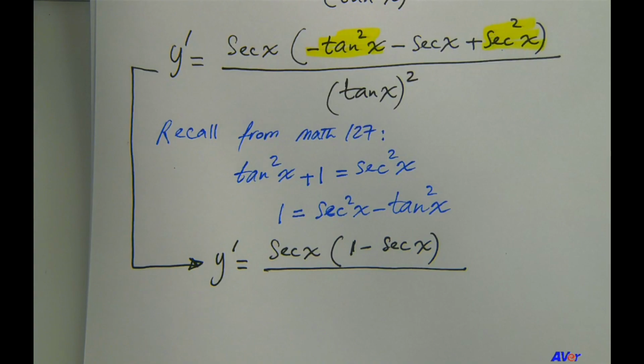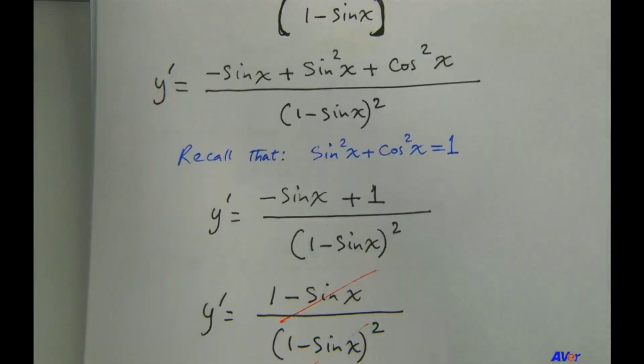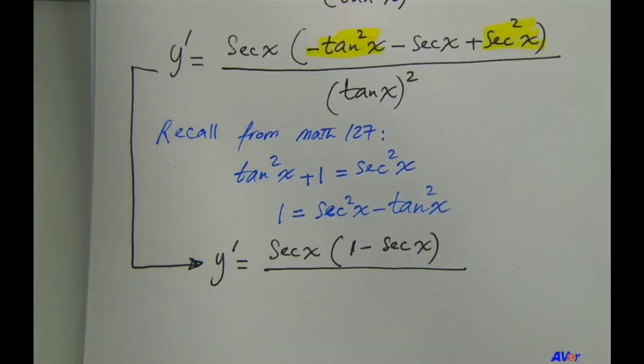We had one earlier too, sine squared x plus cosine squared x equals 1. There are a bunch of these from Math 127. So gather those on maybe a sheet, maybe a sheet and a half, so you can refer back to them in this calculus course.